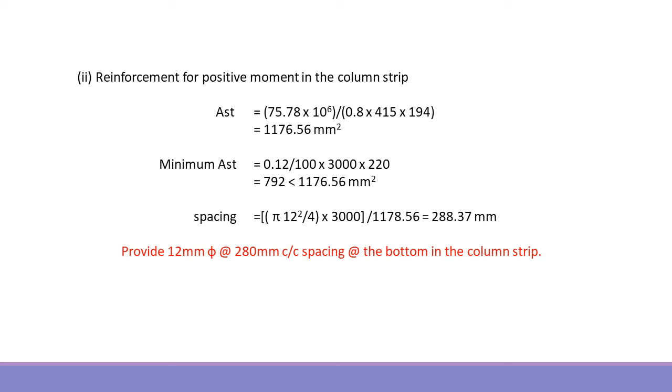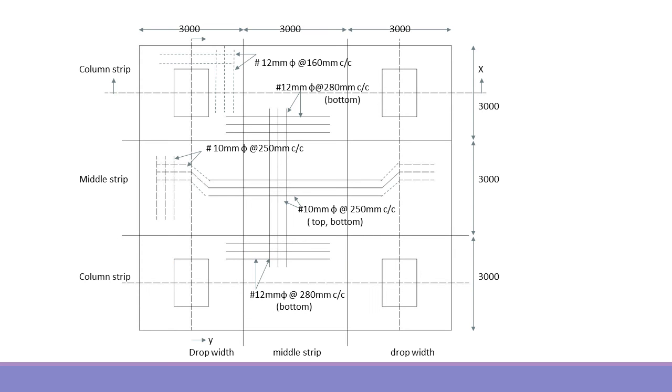So provide 12 mm dia bar at 288.37, or you can assume 290 or 280 or 285. So provide 12 mm dia bar at 280 mm center to center spacing at bottom in the column strip.